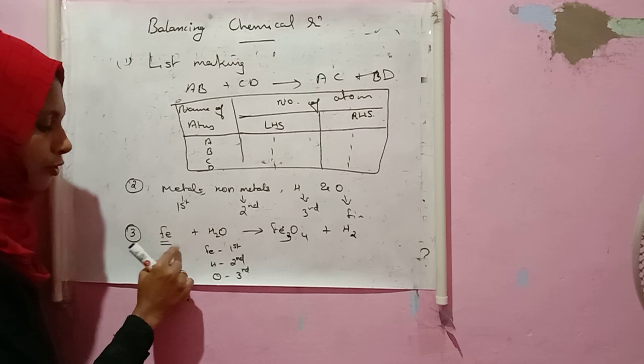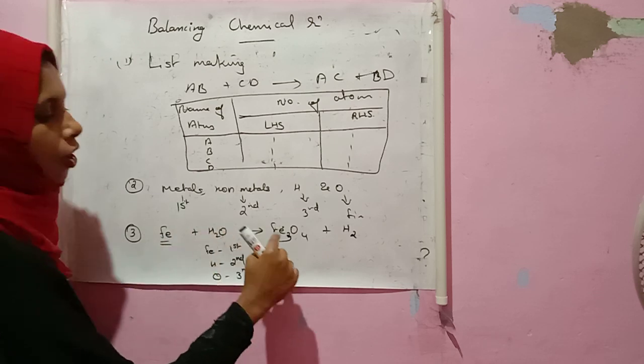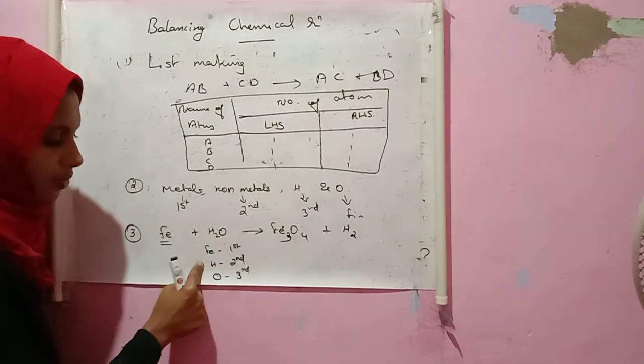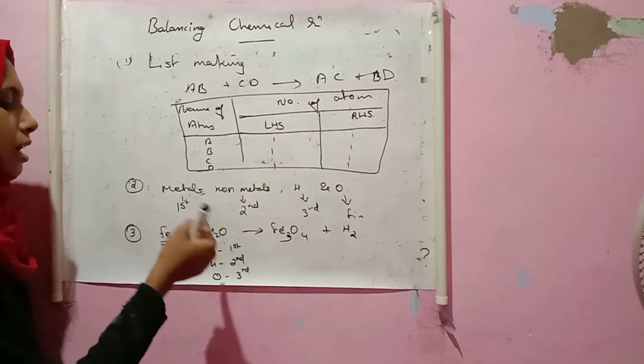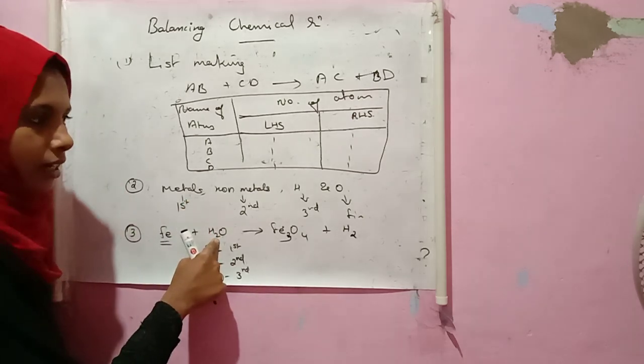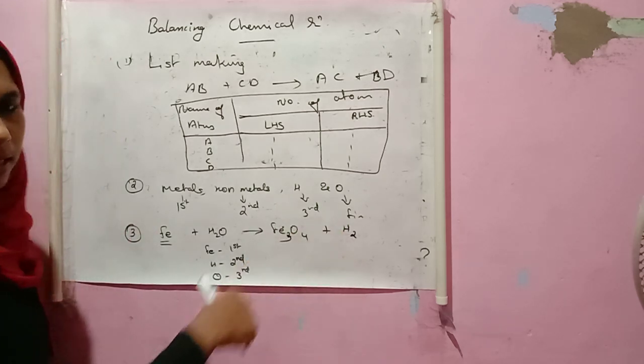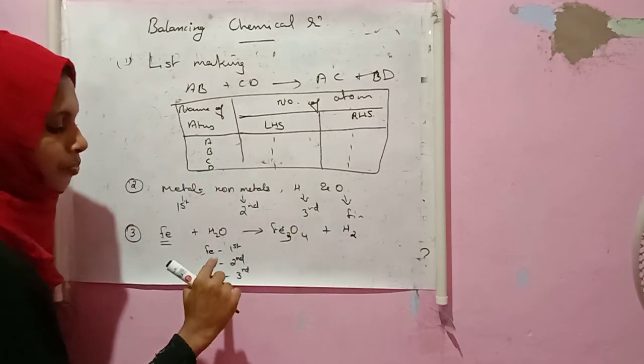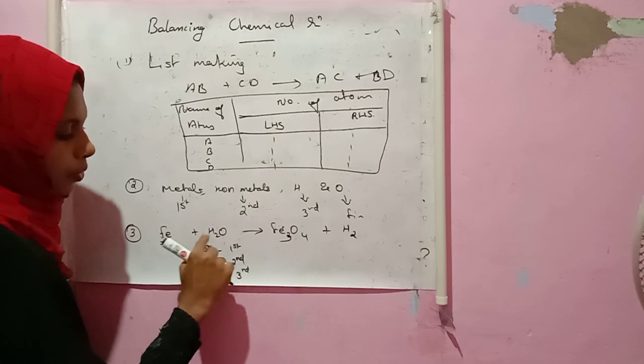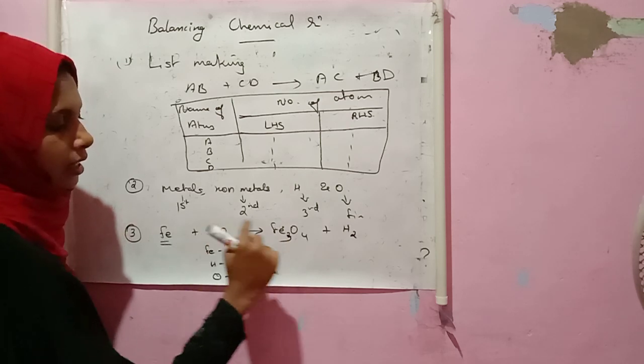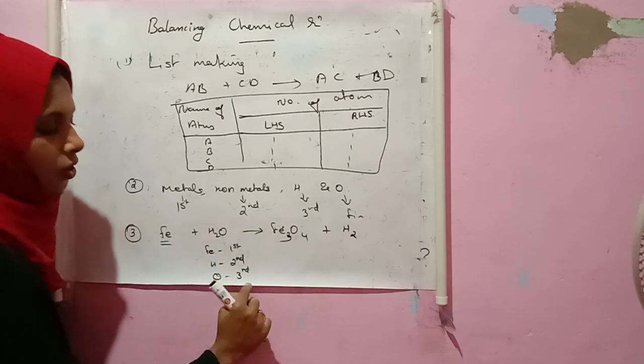Hydrogen is in compound form on the LHS and elemental form on the RHS. Oxygen is in compound form on both the LHS and RHS.